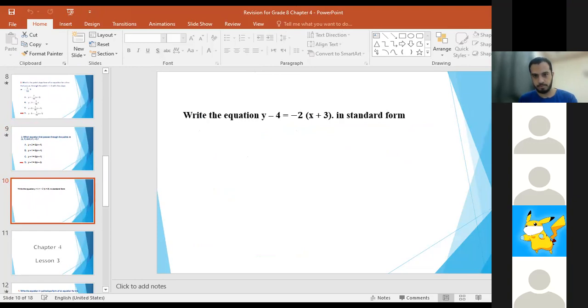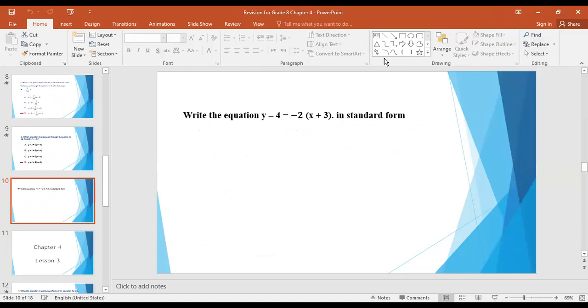Yes, teacher. Okay, first we do y minus y. Read the question. Write the equation y minus 4 equals -2(x + 3) in standard form.